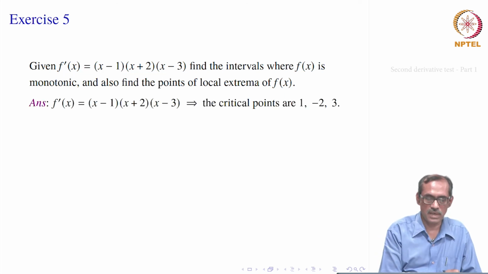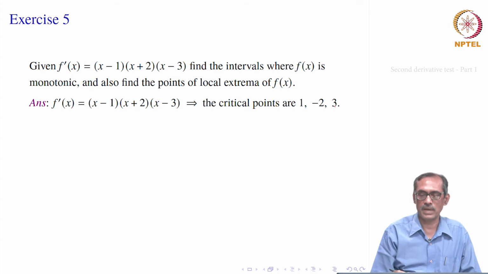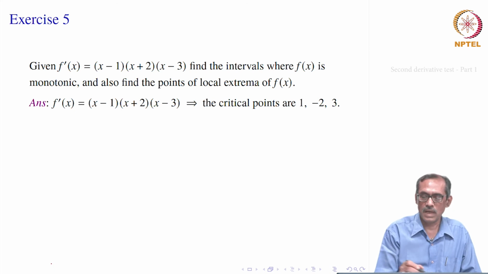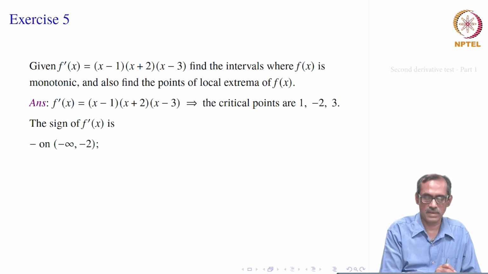Okay. So, how do we proceed? We have f prime x. That gives us the critical points, which are 1, minus 2 and 3, fine. So, these are the critical points. At these critical points, what happens? Since we want to find the intervals, these 3 points break the whole of R into 4 parts, 4 different intervals.